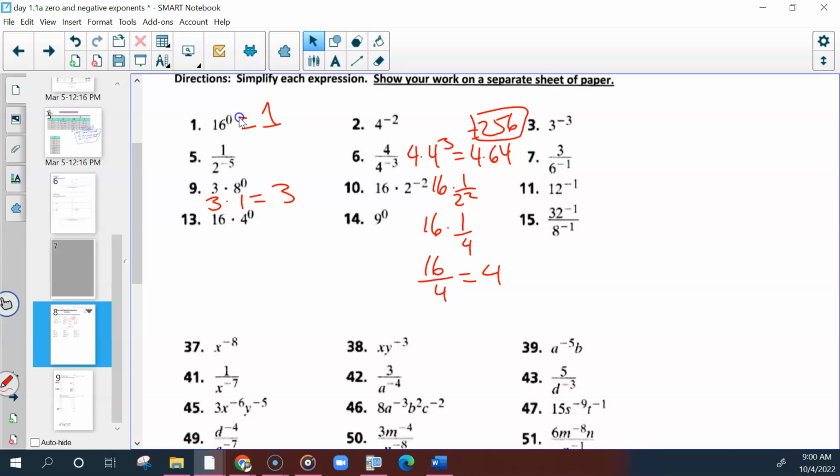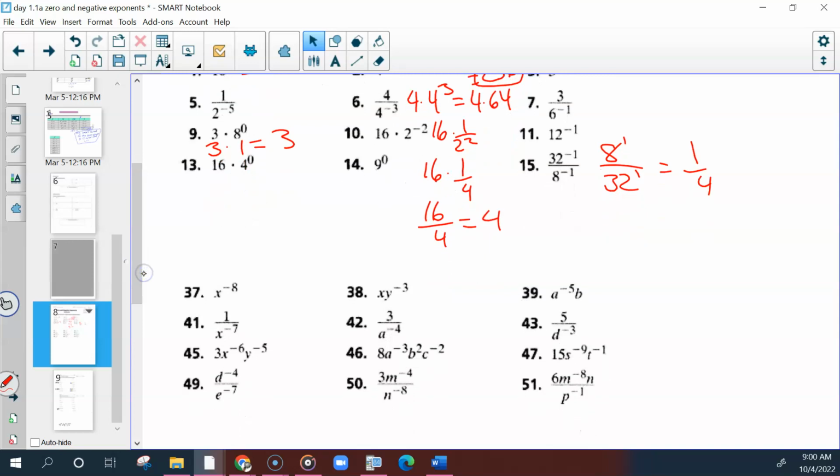Let's see, 15. These both have a negative. So you can do one or two things. Some of you were actually trying to do like the fraction. It gets difficult when it's already a fraction. So I'll show that way in a second. You could just take these two things and switch them. And then simplify. But if you were doing it that way with the fractions, it would look something like this. 32 to the negative 1 would become 1 over 32. 8 to the negative 1 would become 1 over 8.